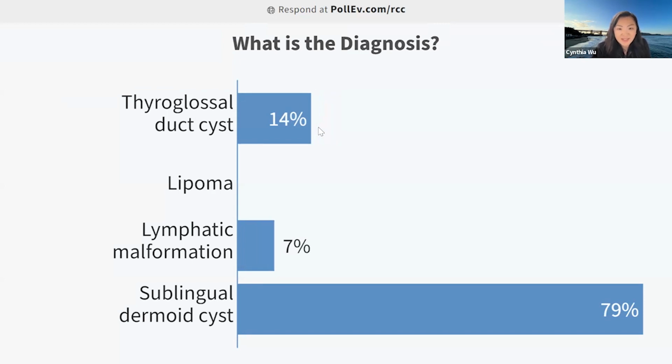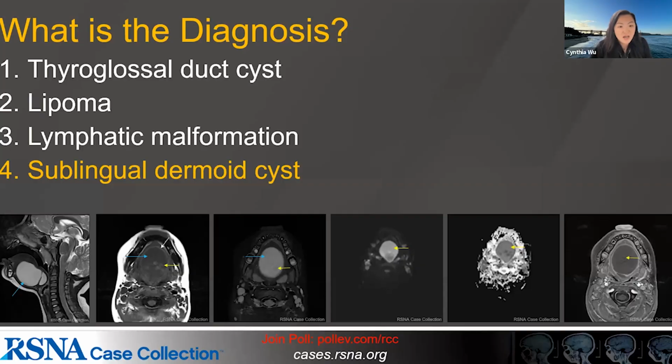Give it another second here. The vast majority of folks seem to go for a sublingual dermoid cyst. And we have someone chatting in as well. All right, let's go on to the next slide. And indeed, the answer here is a sublingual dermoid cyst.